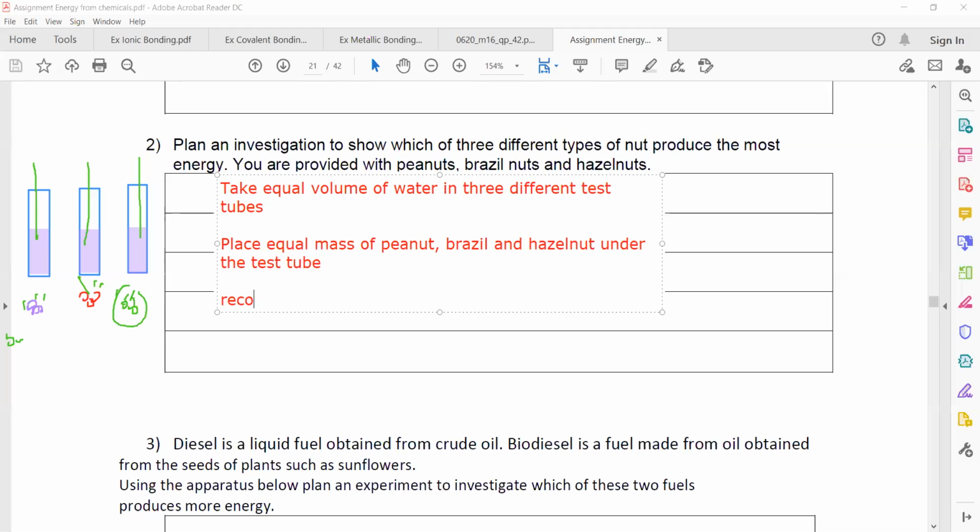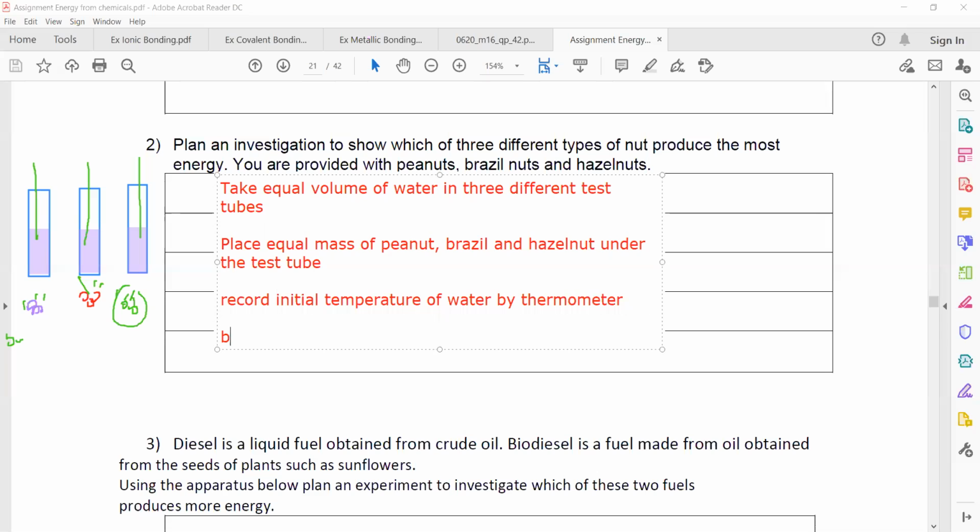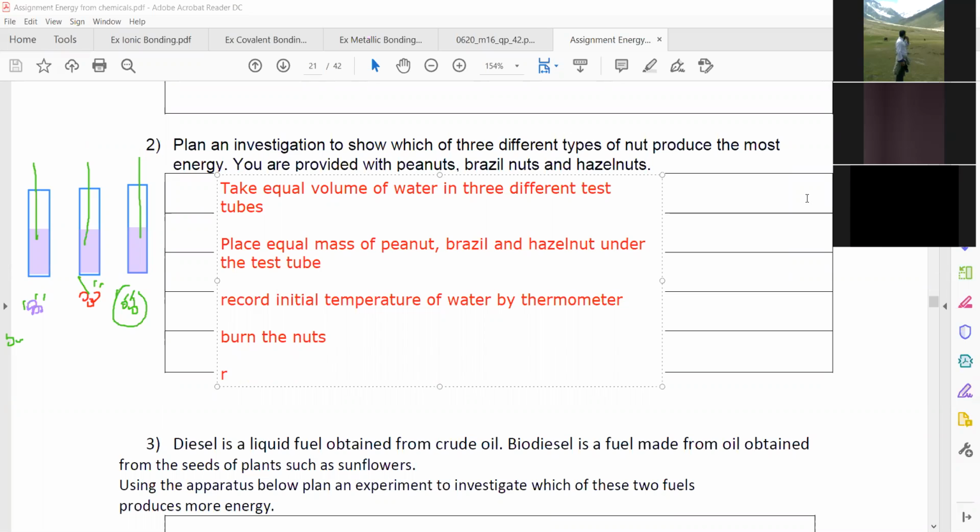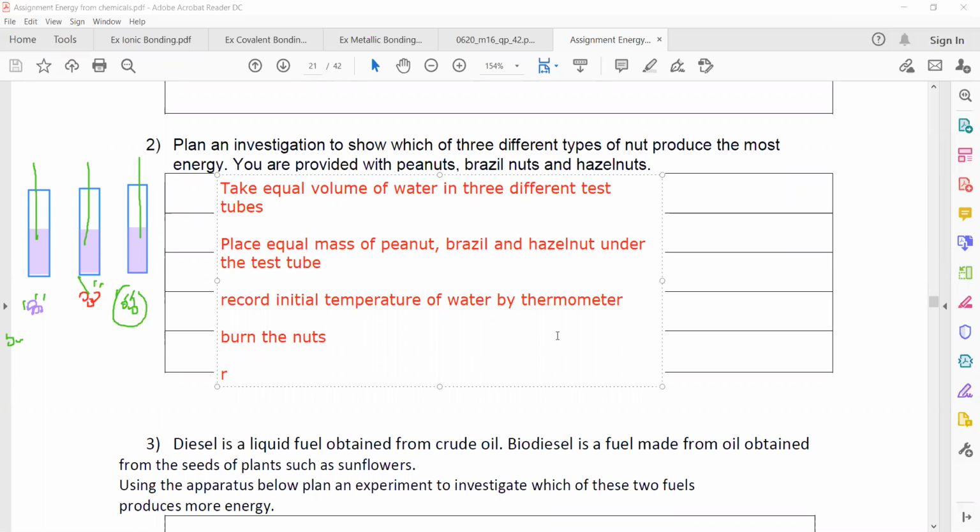Record the initial temperature of the water by thermometer. Then burn the nut. Record the final temperature.